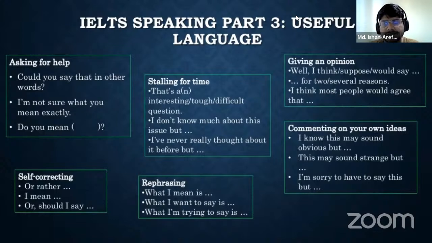So if you want to buy some more time while answering the question, as I have told you earlier, you can say, "I don't know much about this issue, but..." By saying that sentence, you're buying 2 or 3 seconds to think about the answer.